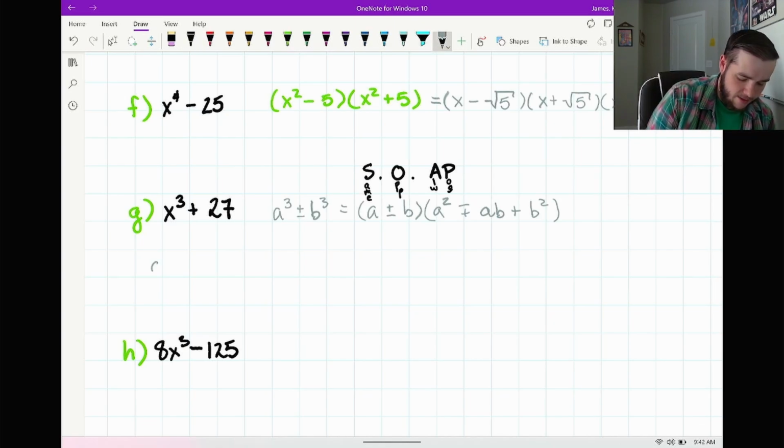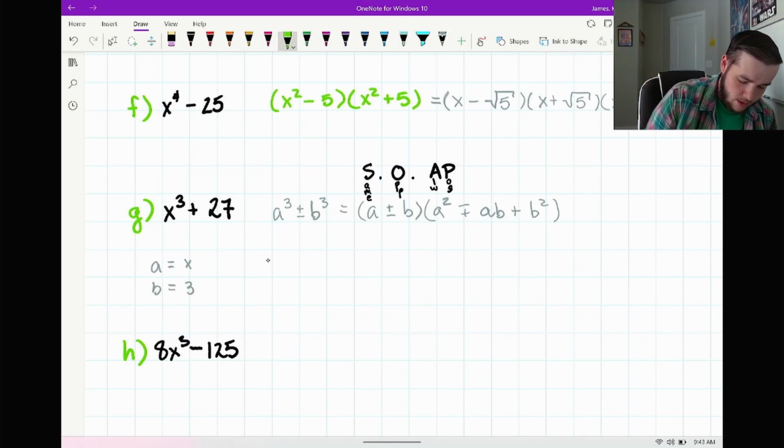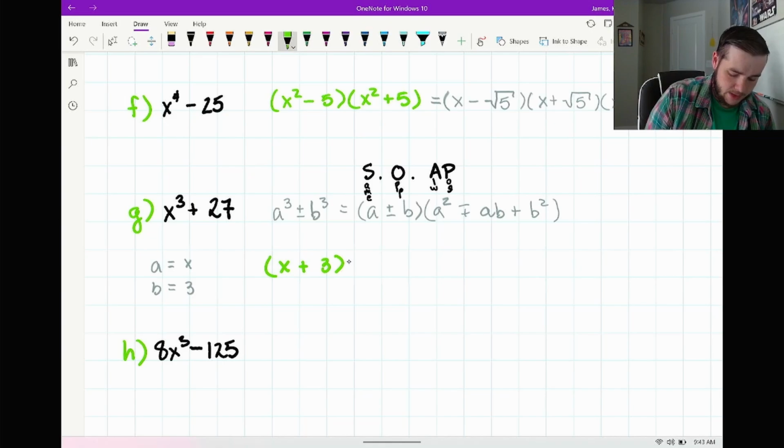My a in the formula is the cube root of the first term, or x, and b is the cube root of the second term, 3. So this factors into x, same sign, plus 3, times x squared, opposite sign, minus x times 3, always positive, 9.